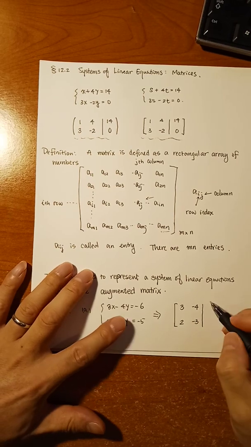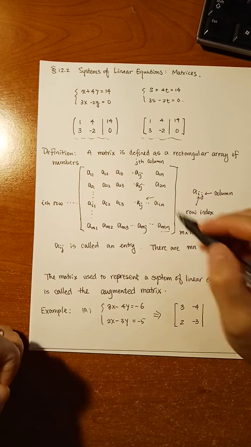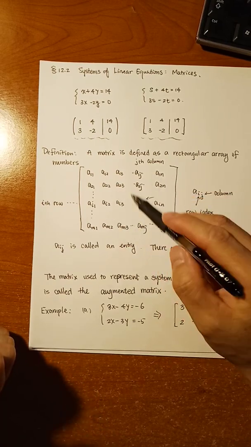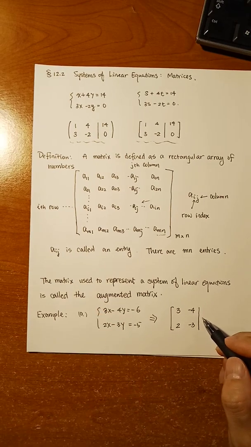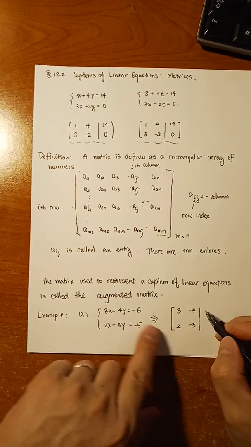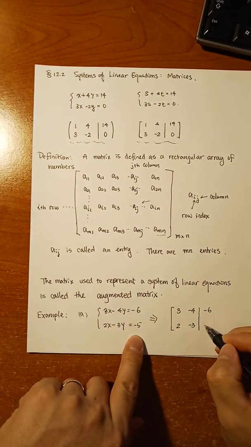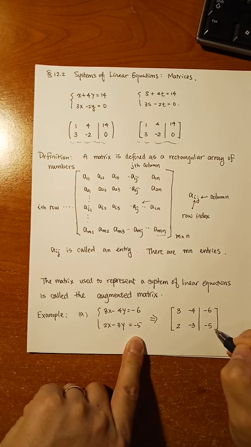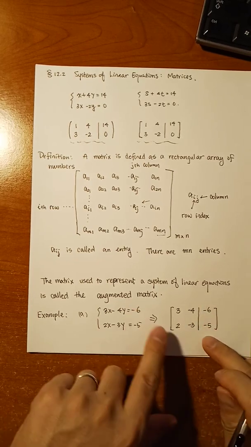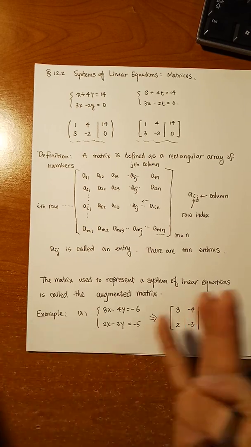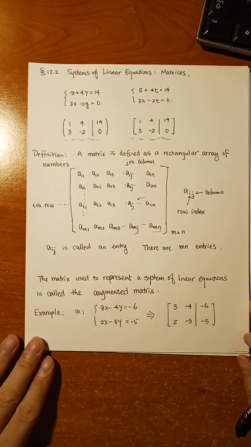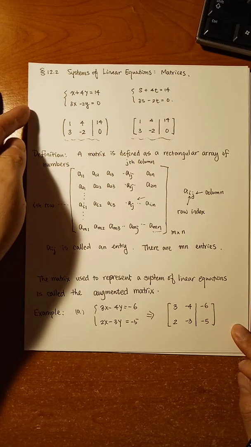Remember this vertical segment is not a standard notation in the matrix. It is a standard notation in the augmented matrix. And then you put negative 6 and negative 5. It only reminds us this is an augmented matrix, and this is the position of equality. That's left-hand side and right-hand side.